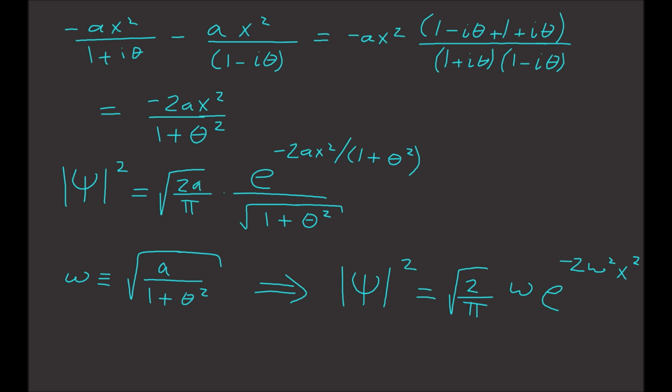This looks like the harmonic oscillator, right? So let's plot this a little bit. So if we plot psi star psi, this is x, this is psi star psi at t equal 0.